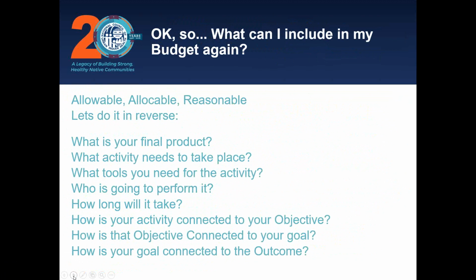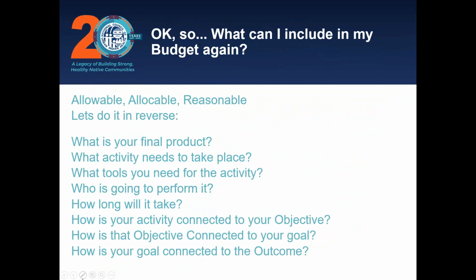Okay. So what can I include in my budget? After all that I read, in case allowable, allocable, reasonable is not helping you with those definitions, you can try this. This is one of the techniques that I have developed: analyzing the operations from the product to the goal outcome.